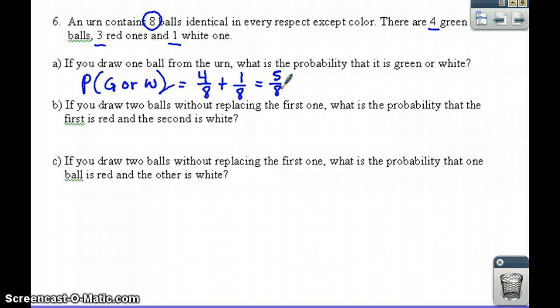Okay, this time we're not replacing it. We want the probability that it is first red and then the second one is white. We're picking 2. This is an and problem. So the probability we reach in and pick a red one first, well, there's 3 red ones out of 8.